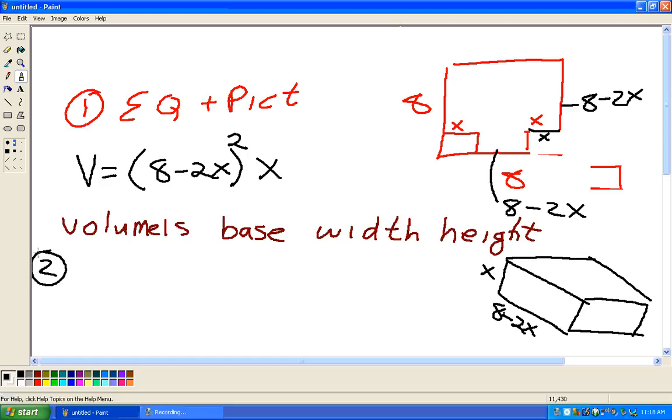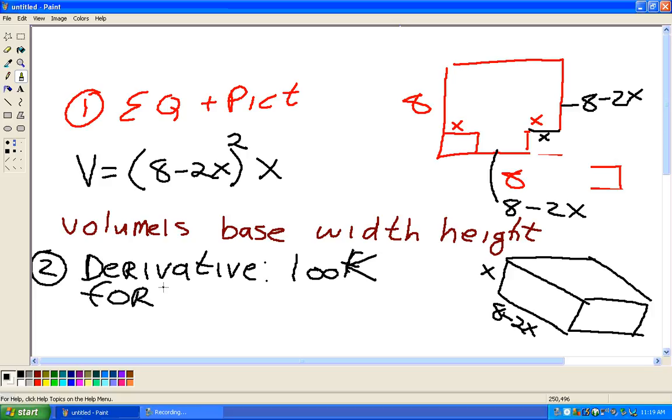The second step is to take a derivative. And I need to look for where the derivative is going to be zero.